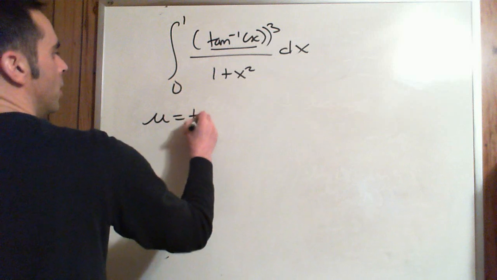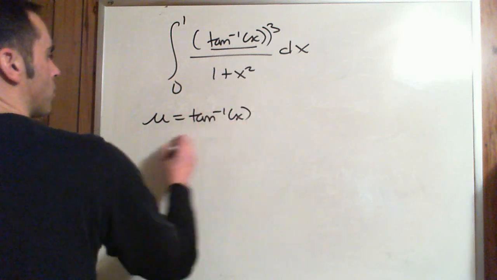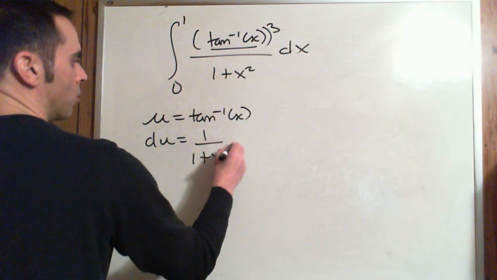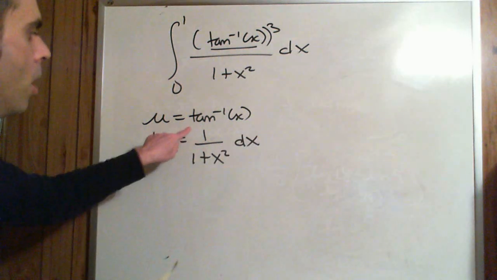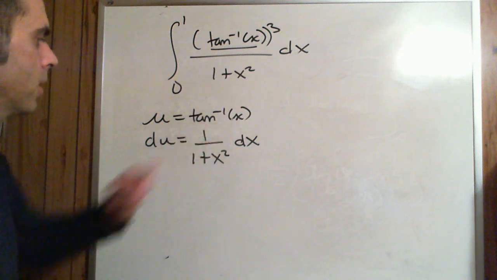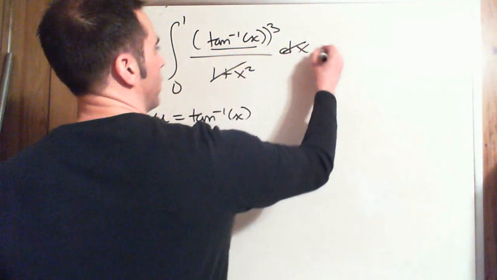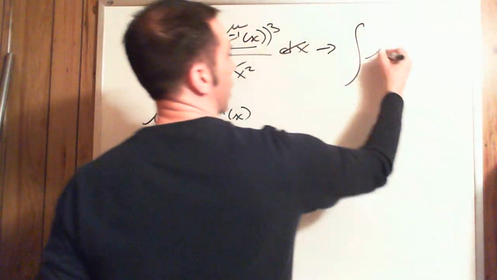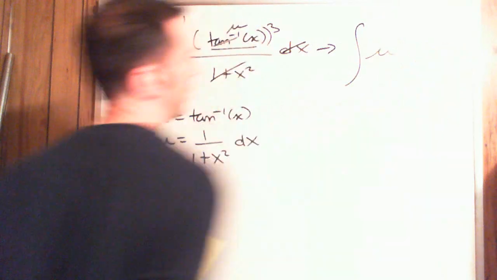So choose u to be tangent inverse of x. Its derivative is 1 over 1 plus x squared dx: 1 over 1 plus the inside stuff squared times the derivative of the inside. And we've got this exactly. So this is my u, and this would become u cubed du.